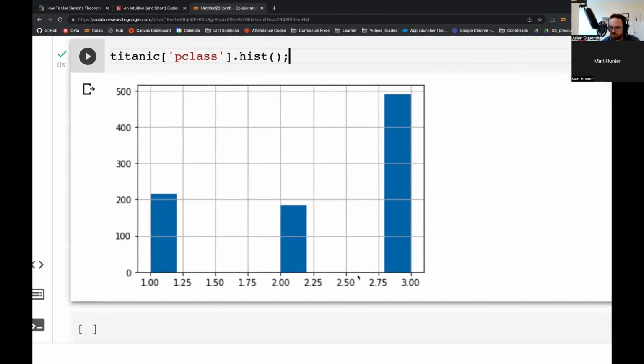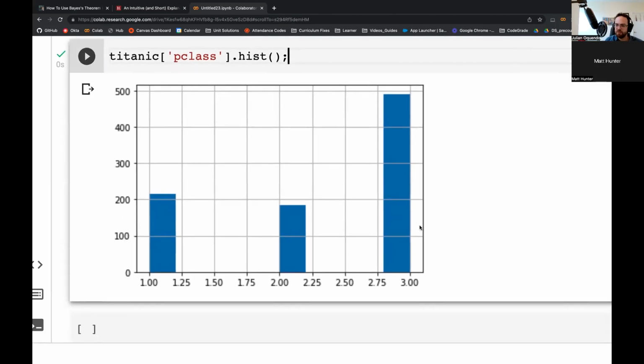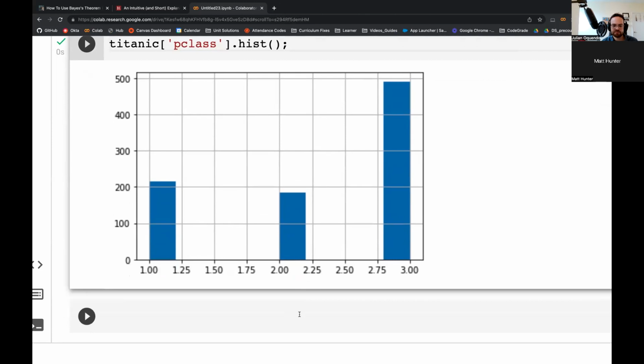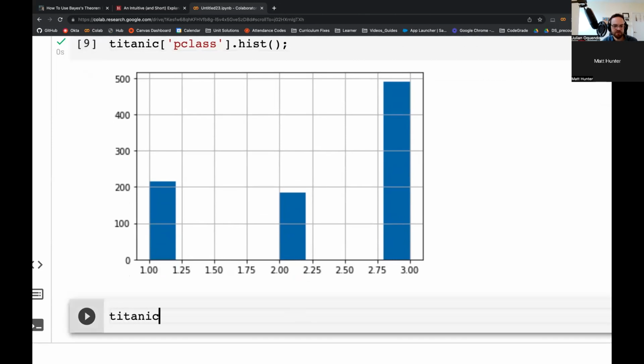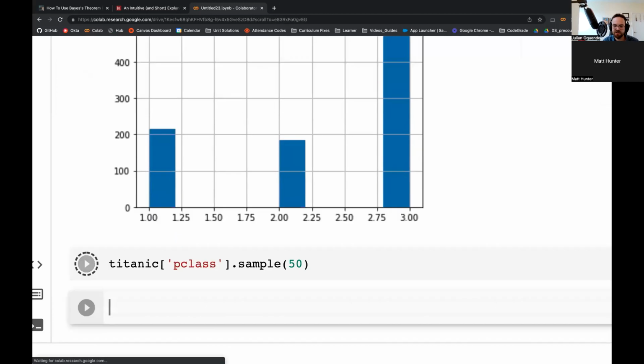But it's still a distribution, and the central limit theorem still applies in the sense that if I take enough samples from these three groups, I can create a normal distribution. So let me show you what I mean by this. I'm going to do this step by step. I take a sample. This .sample essentially takes a random sample of values.